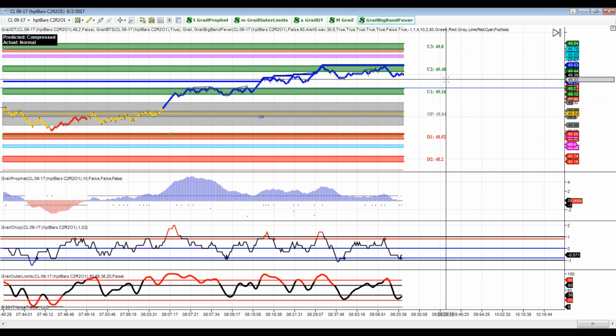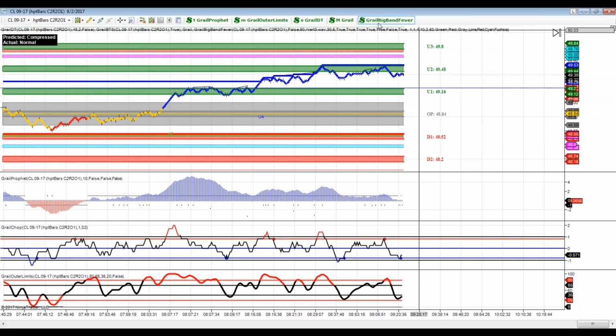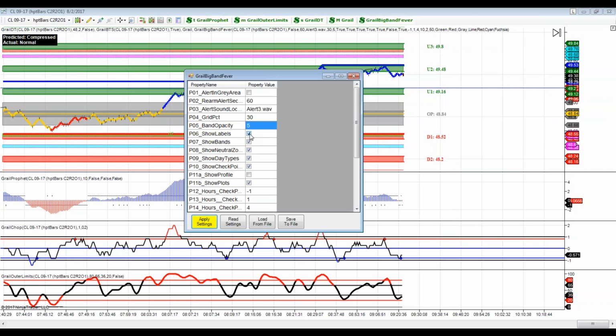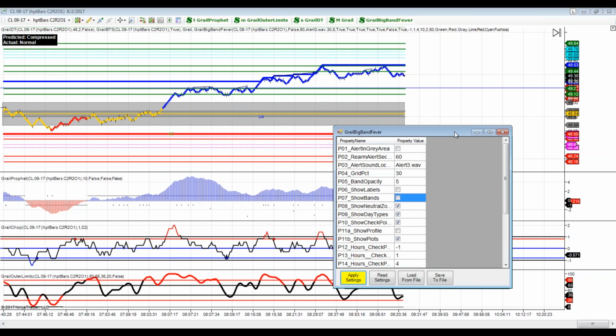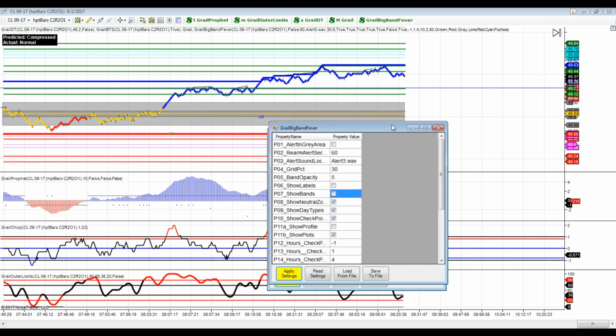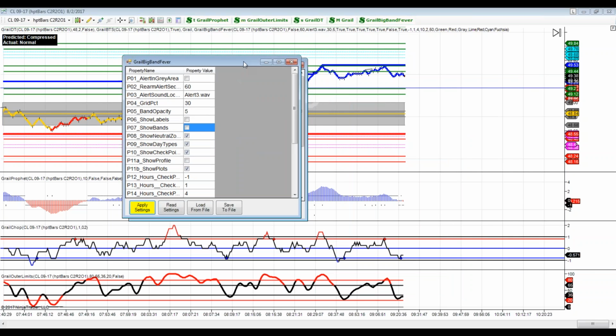This is the band 1 level, band 2, band 3, etc. If I want to suppress those, if I click show labels, they disappear. If I don't want to see the bands, I can click that and they disappear. The plots are still there, but the coloring on the bands is gone. Notice the gray area is still there, the OP is still there.